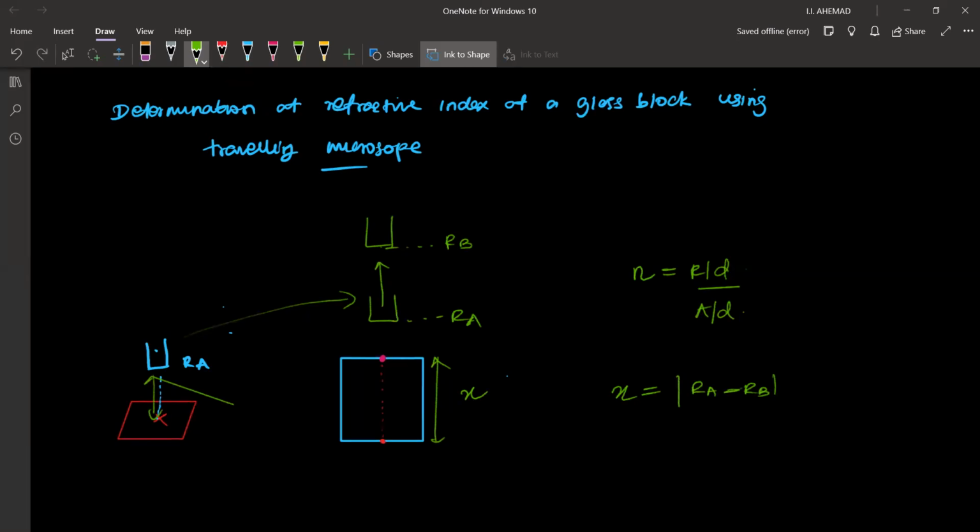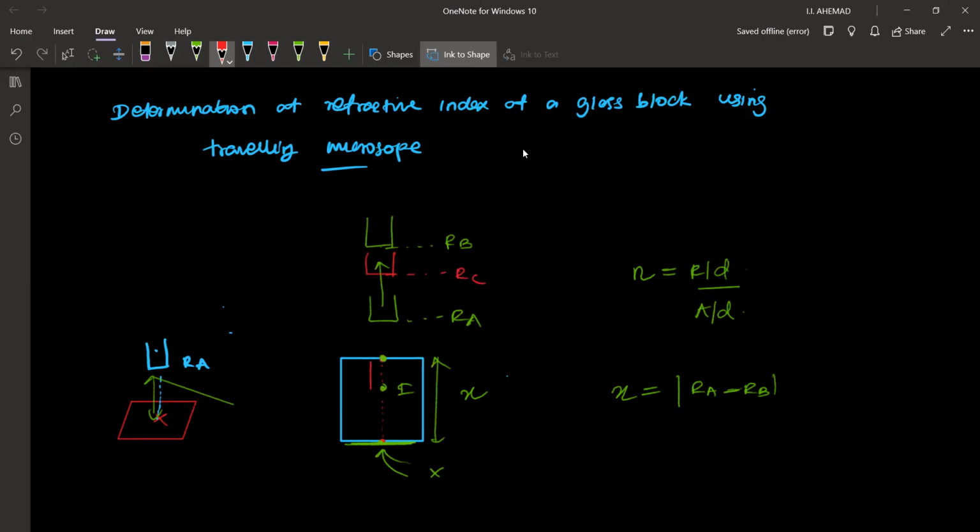Similarly, now we have placed the paper on top, and again we place it beneath. Now, when you look through the telescope, what are you going to observe? Will you observe the cross, or the image? We are going to observe the image. So you have to move the telescope slightly down to focus it again, somewhere in between. Let's take that reading as RC.